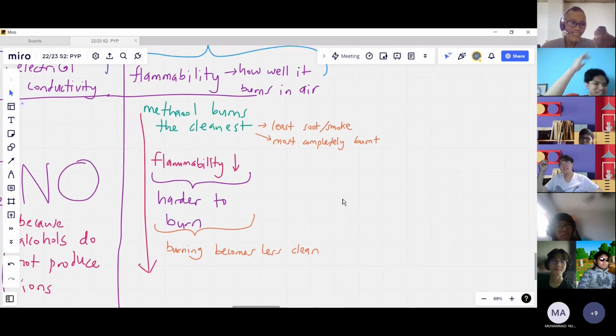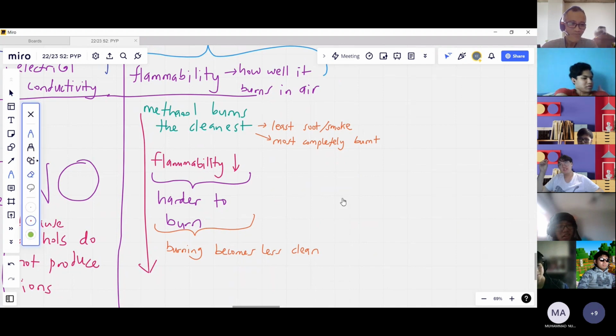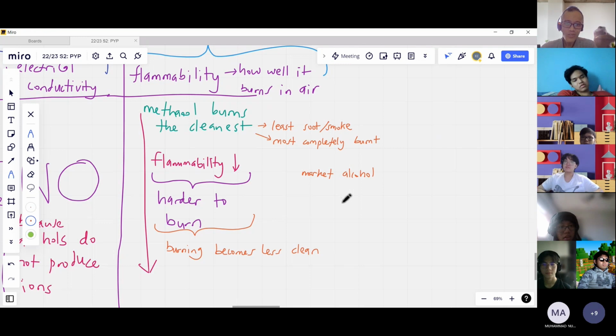Now, I thought this is a question in the exam, but obviously, whether market alcohol burns or not depends on, probably you know the answer, the percentage. If you have something like beer, 5%, forget it. It has so much water inside, it will not burn at normal conditions. Even a good quality wine, maybe 10%, also cannot burn.